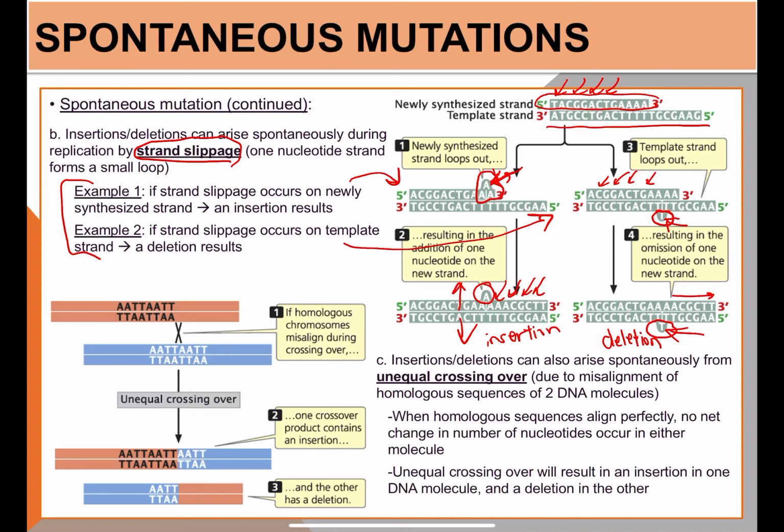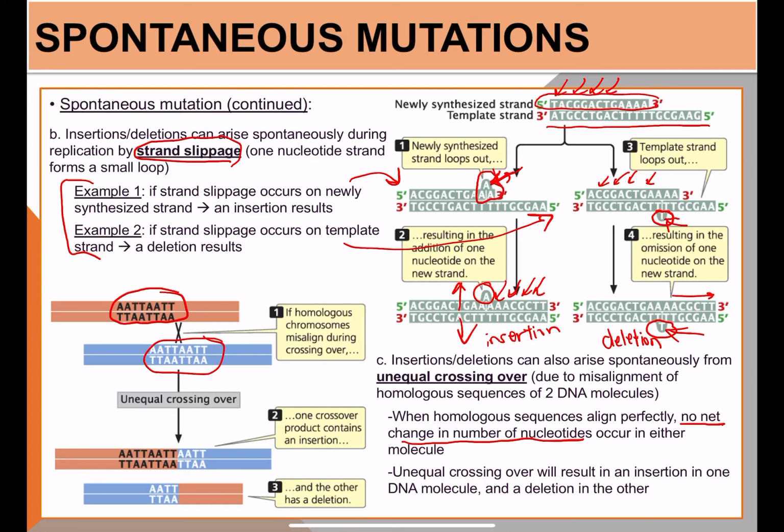See how this section is supposed to be perfectly aligned with this section because they are homologous sequences, but because they have shifted in their alignment, now you end up with unequal crossing over, okay? With perfect alignment, you're supposed to have no net change in number of nucleotides in either molecule because the swapping is supposed to be equal.